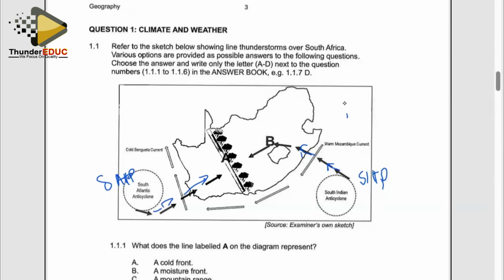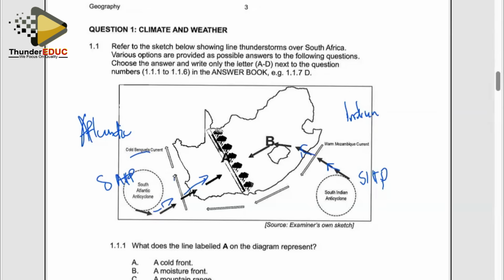On the eastern part, remember, we're talking about the Indian Ocean. And on the western side, we're talking about the Atlantic Ocean. The Atlantic Ocean is dominated by the cold Benguela current. The movement of the water here is such that it comes from the colder region, the polar region.